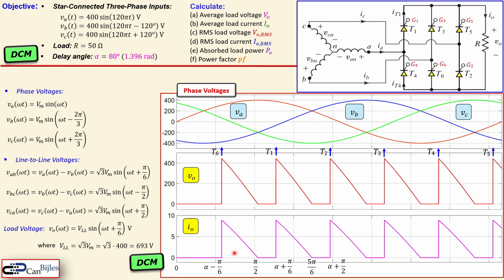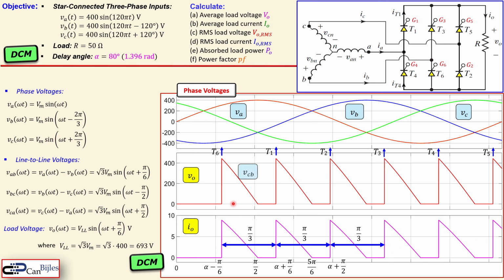So the time that the output voltage and also the output current come up is not at alpha, but at alpha minus pi over 6 for DCM operation. For T1 it is a similar situation, and for T2, T3, T4, T5, etc. And then the repeated process goes back to T6, etc. And this distance here, you can see clearly, is pi over 3, and this also pi over 3, and also for that one.